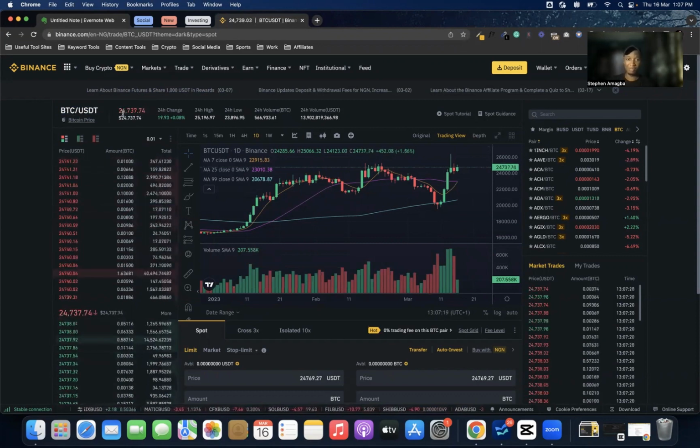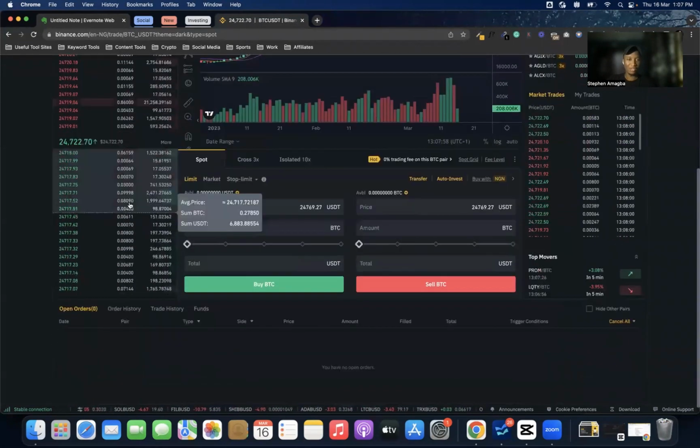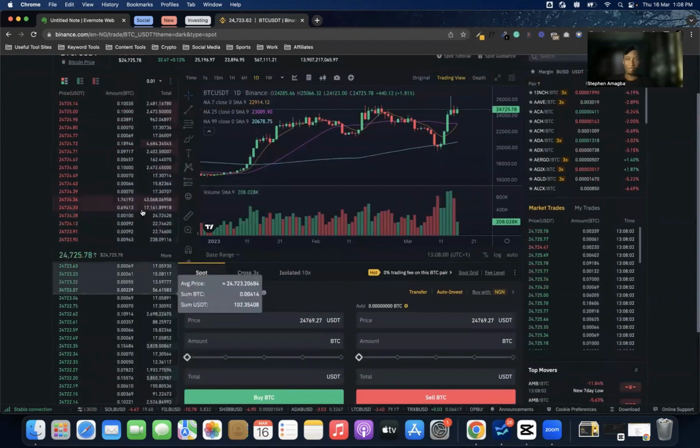You see some details about what's been going on over the past 24 hours, like the current price, the 24-hour change, that's the change in the last day, the 24-hour high, which is the highest price it has gone within the last 24 hours, the 24-hour low, the lowest it has gone, the 24-hour volume in BTC, okay, that's the total volume that's been traded in BTC, and then the 24-hour volume in USDT.